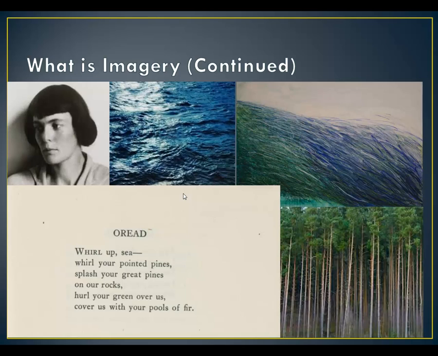So when I say the word sea, you would immediately think of a specific sea, water, saltiness, ships, right? You immediately think of all of these associations. When I say pines, you think of trees, the scent of pines, right? And it's the idea of all of those associations working together to help you understand the meaning of the poem.